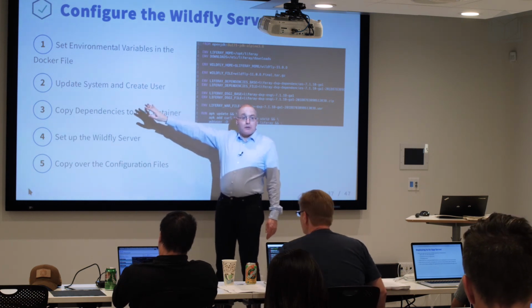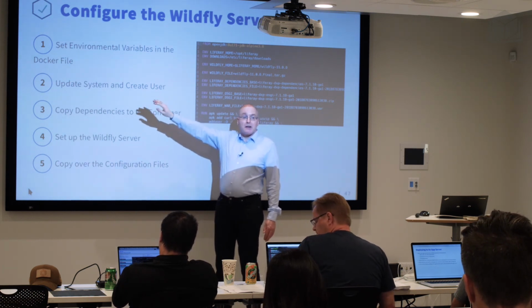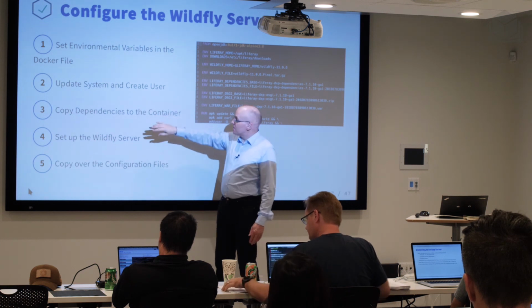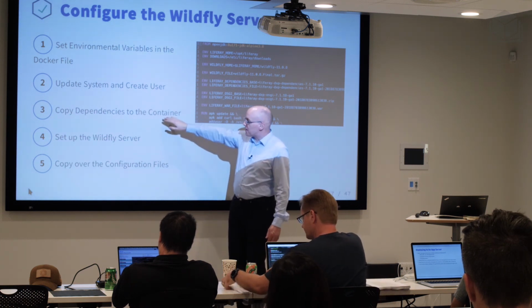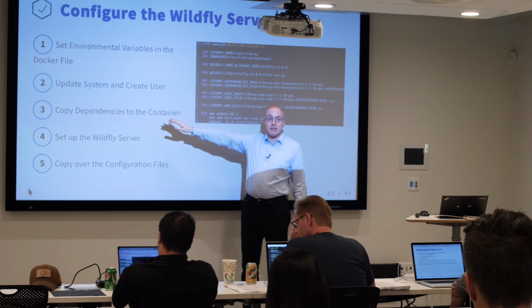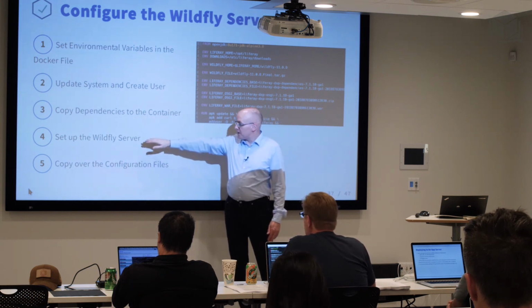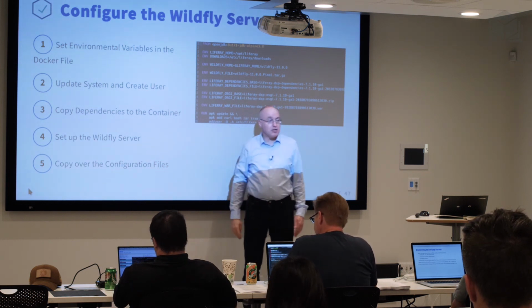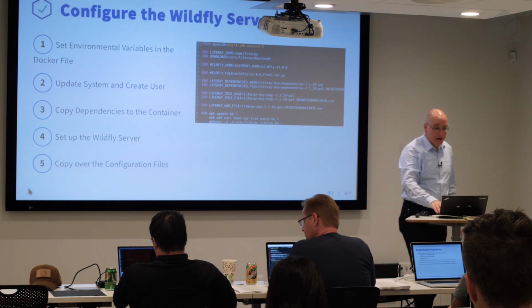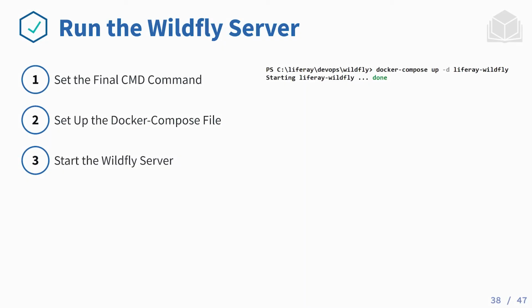We're not running as root, so we're running as an explicit unprivileged user. We'll need dependencies in the container, for example, the database driver. We'll set up Wildfly, copy configuration files, and then we're running Wildfly with a last command in there, set up the Docker Compose file, and start the Wildfly server.